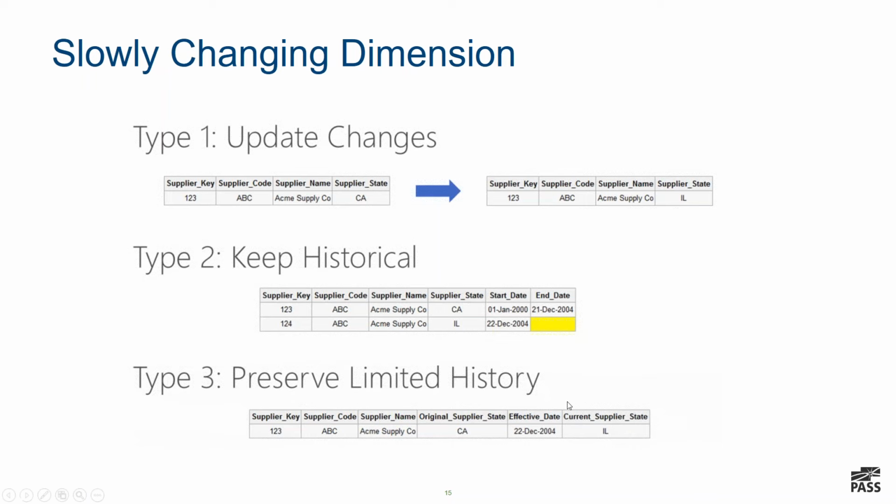So I have original supplier state, current supplier state and an effective date. That means I have the current one and one step before. If I want to keep two steps before, I have to add another column as well. Type 3, I haven't seen used too much, but if you are only interested in keeping one step back of history, that's an option.